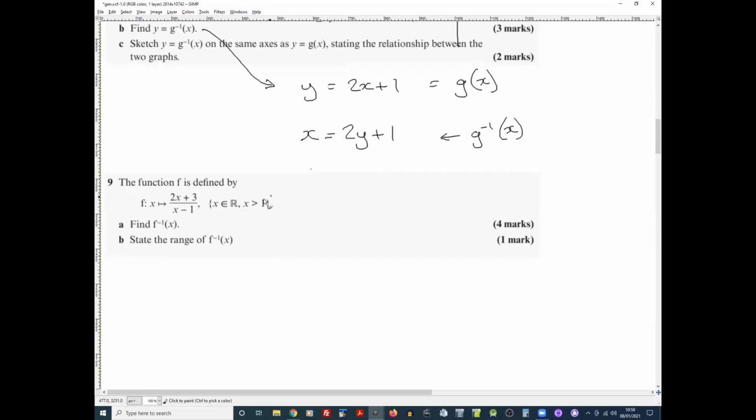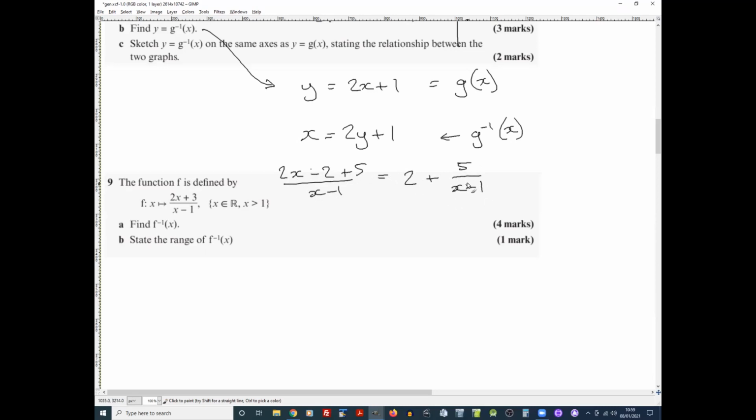We could simplify it. I would be inclined to think of it as 2x minus 2 plus 5 over x minus 1. Do you see why? Because then I can see that it's 2 plus 5 over x minus 1.